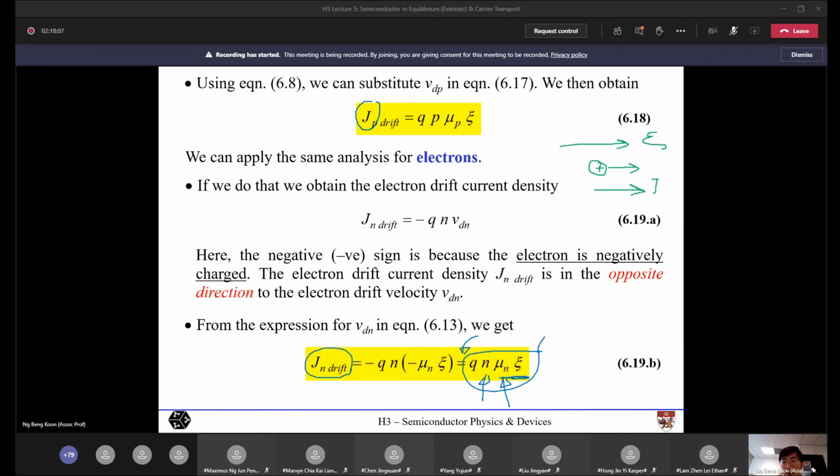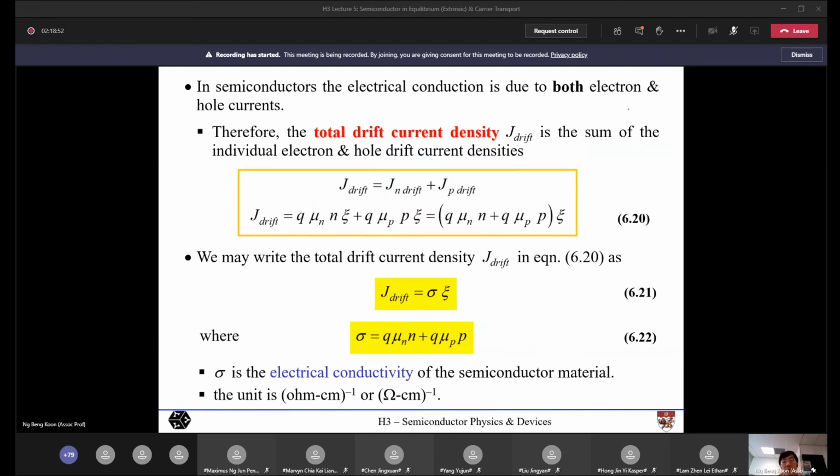That's the current due to the hole. Now, consider an electron. An electron under the electric field will move in the opposite direction. The resulting conventional current due to the electron is opposite to the electron flow. So the electron current is in fact in the same direction as the electric field. The electric field results in a current that flows in the same direction as the field. That's why the signs in your drift current equations for both electrons and holes are positive.